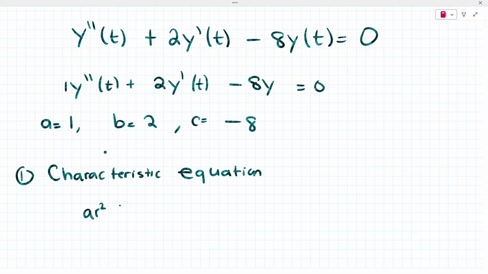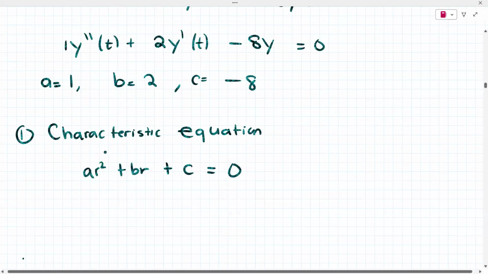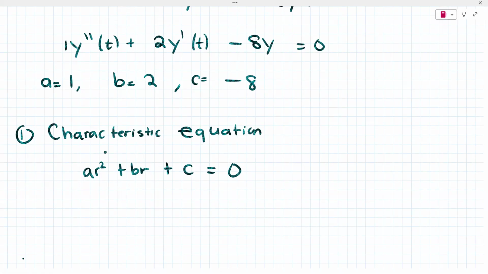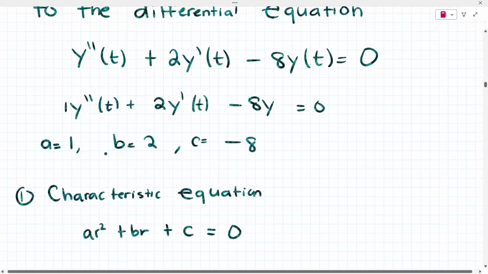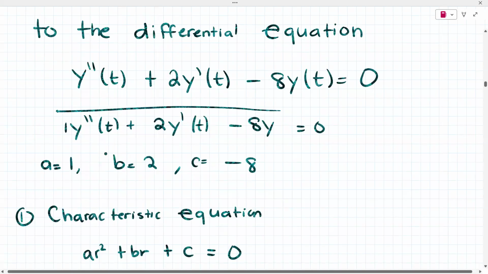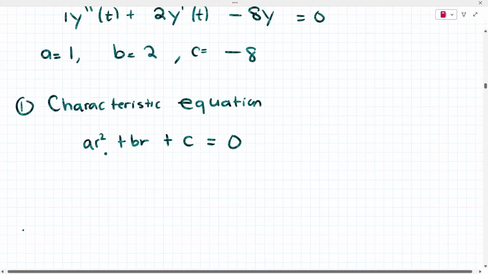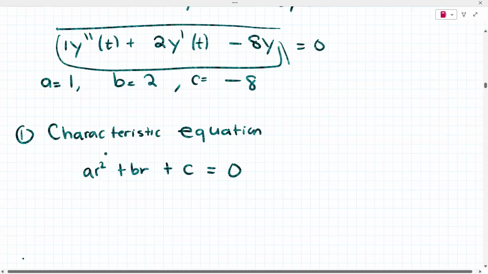AR squared plus BR plus C. And so what we have is, this right here, we're just going to rewrite it as R squared.